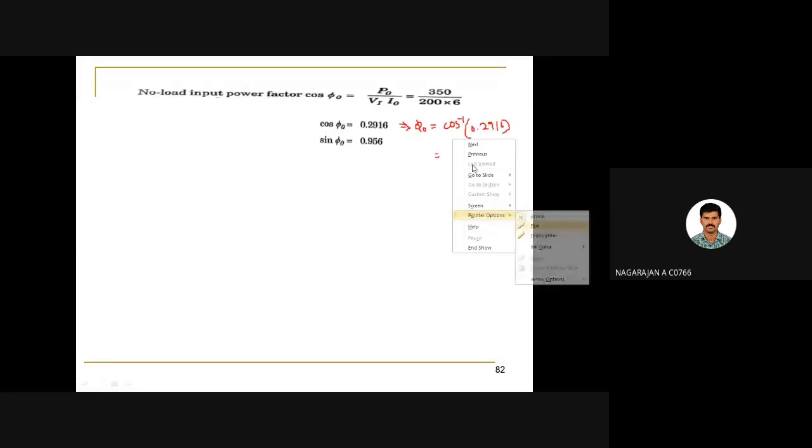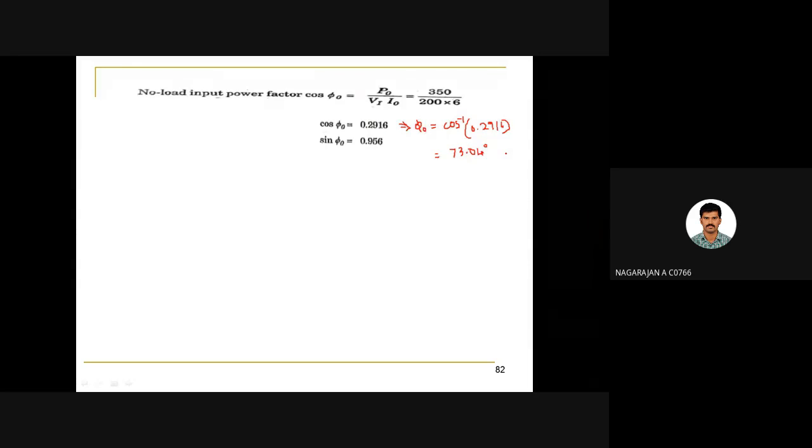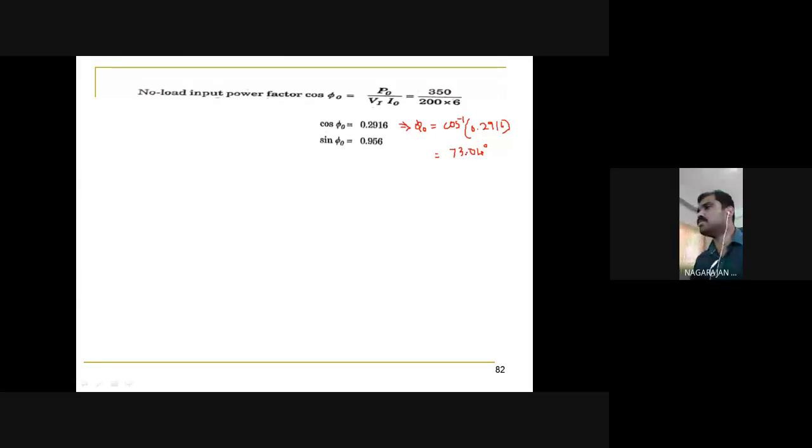So I got 73.04 degrees. That means the current and voltage are lagging with this angle, 73.04 degrees.